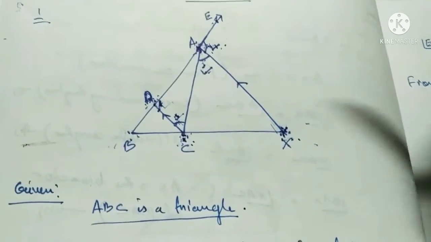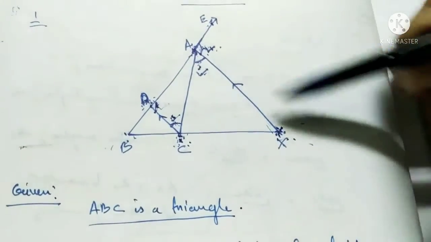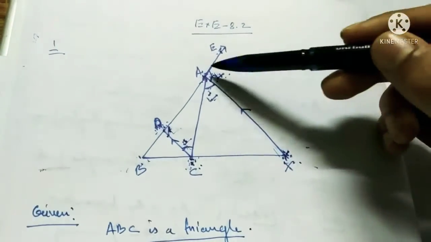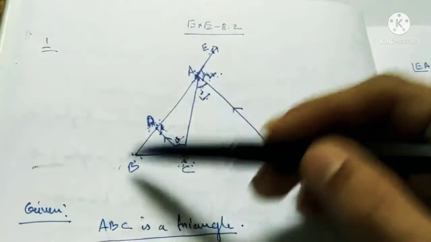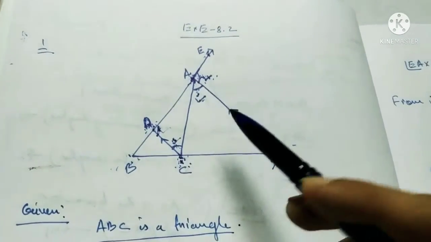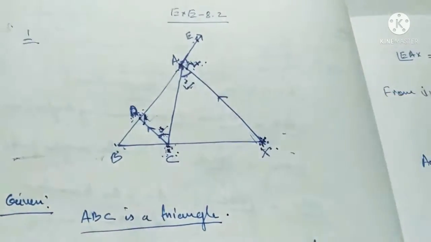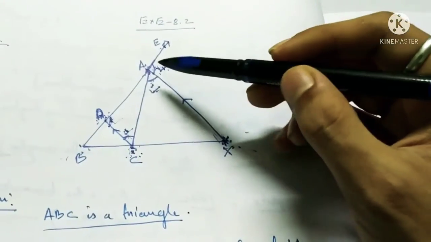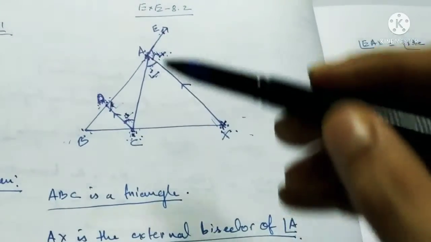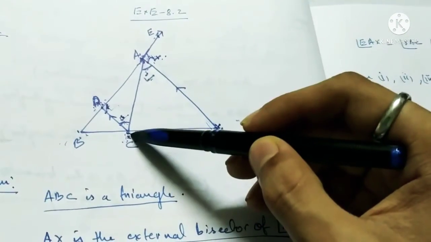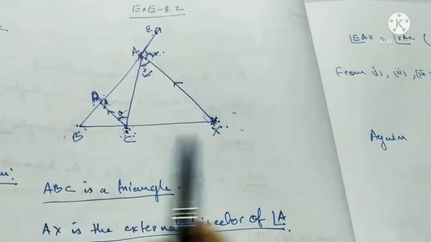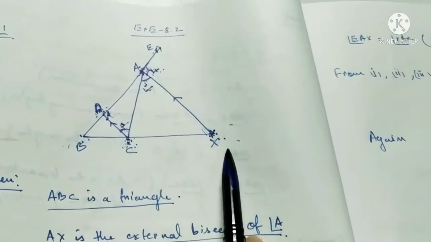In here you see one thing, AX divides BC, not BX. I said AX divides BX in the ratio of the other two sides, but actually it is AX divides BC in the ratio of the other two sides. Understand? So I have to prove that AB by AC is equal to BX by CX.